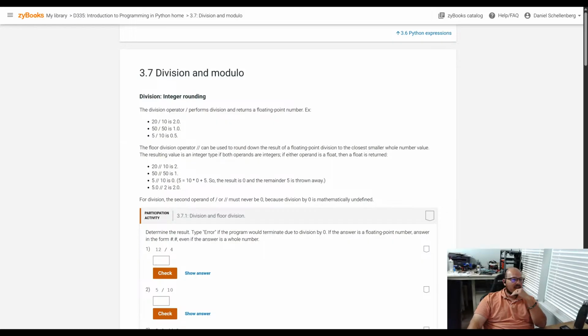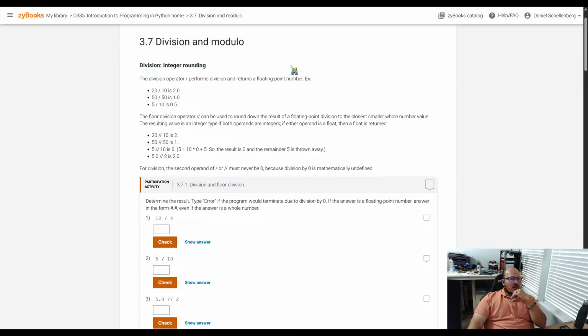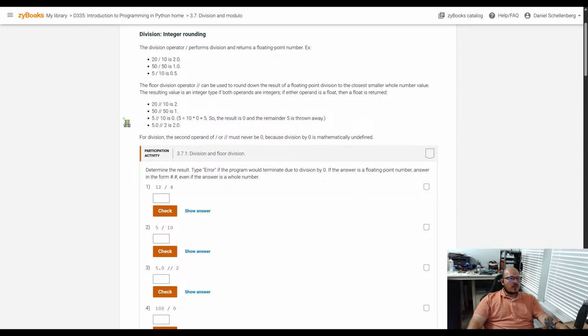But I finally got it. So, all right, the division operator performs division and returns a floating number. Example, 20 divided by 10 is 2.0, 50 divided by 50 is 1.0, so on and so forth. The floor division operator can be used to round down the result of a floating point division to the closest smaller whole number value.